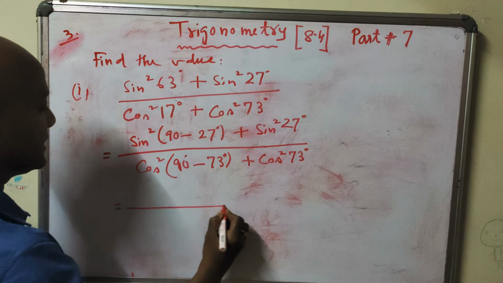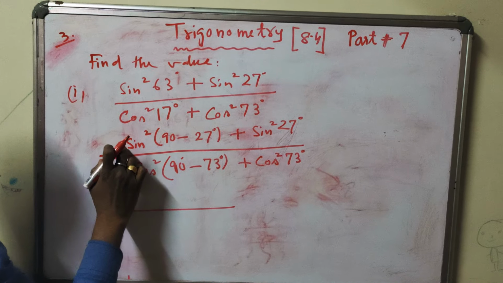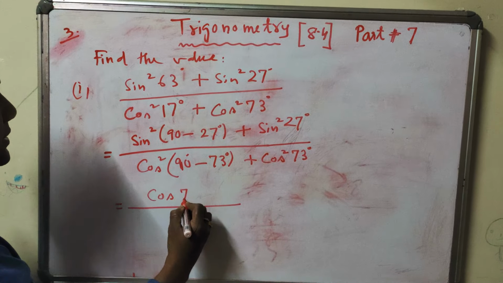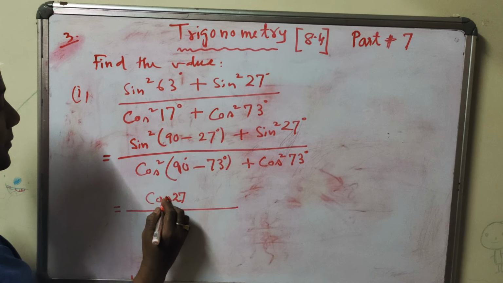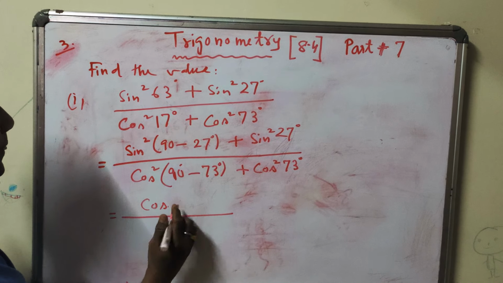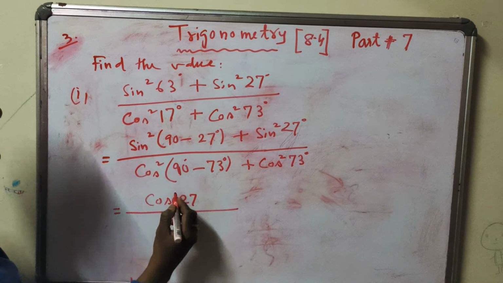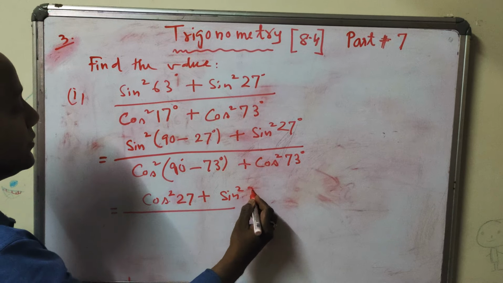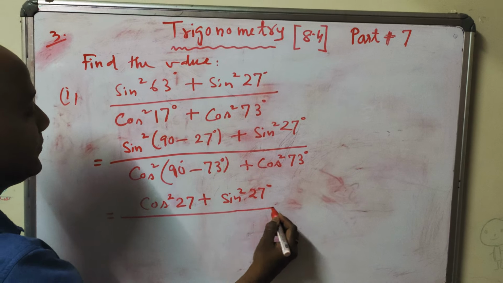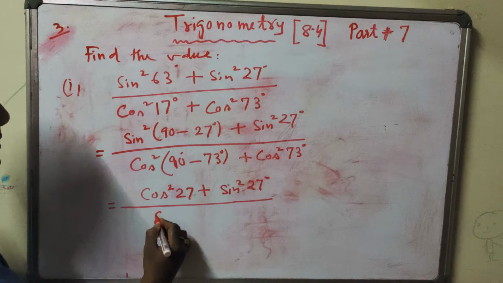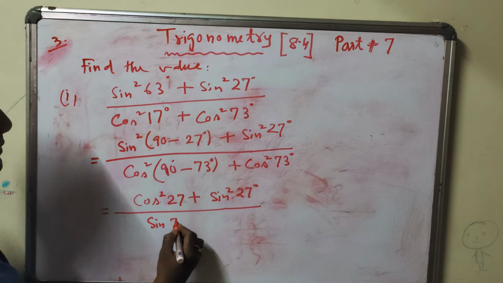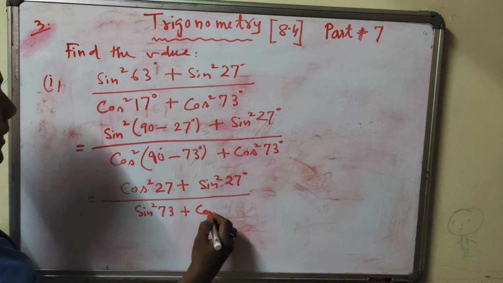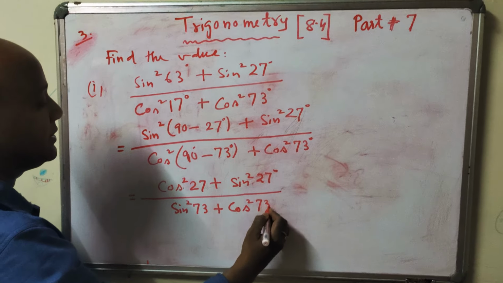It's very, very important for class 10 final. So sine of 90 minus theta means what? Cos theta, and you see cos theta, right? There is square here, no? So you have to write square also, plus sine square 27 degree. Again cos of 90 minus theta means sine theta, which is 73 degree. Here square is here, so put square here, plus cos square 73 degree.